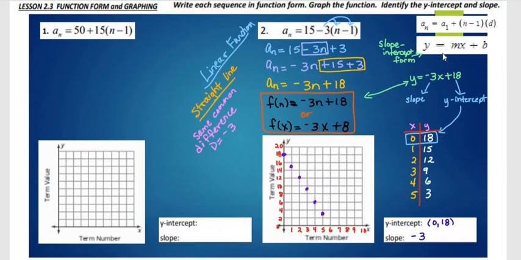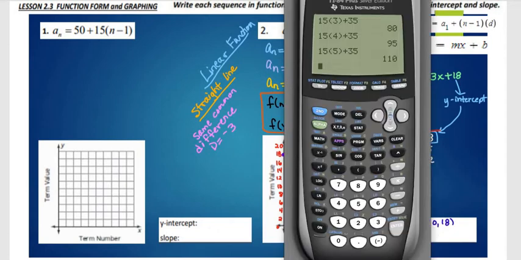Now, when I rewrite this in slope-intercept form, this y is the same thing as f of n or f of x. So when I look at this and come up with my term positions, 0 through 5, I see that I'm going to substitute each one of these numbers in place of the x right here, just like what we did a while ago.